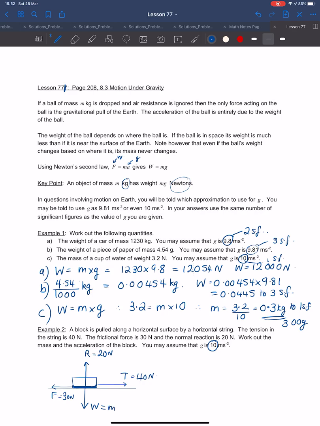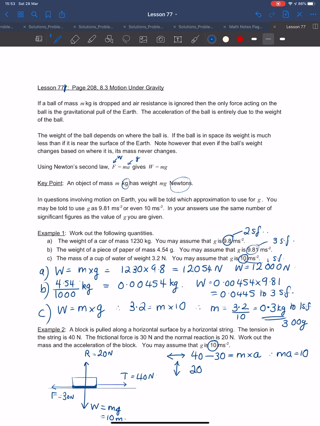The weight is mg, so that's going to be 10 times m. Right, so let's resolve horizontally. We've got 40 forwards minus 30 backwards equals mass times acceleration. So therefore ma is 10. We want to work out the mass and the acceleration. Resolve vertically.